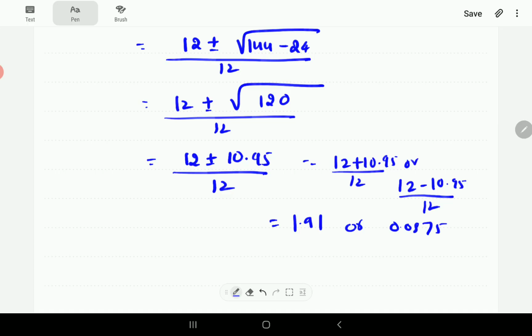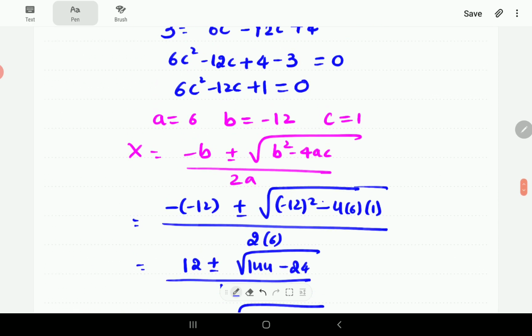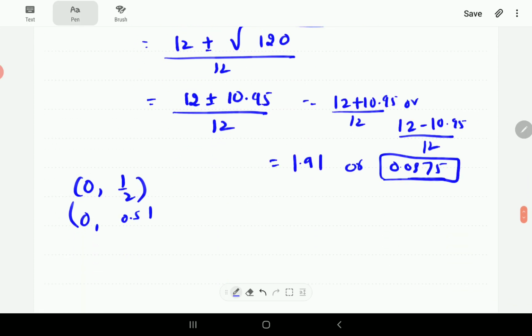Out of these two, between 0 and half, that is 0 and 0.5, the second value actually lies, right? So therefore we can take the second value. The second value lies in between the open interval 0 and 1 by 2.